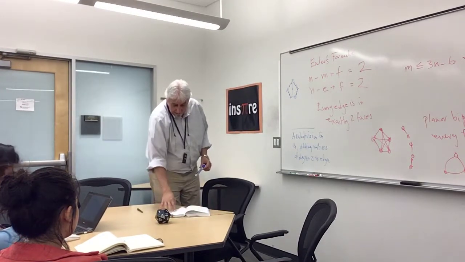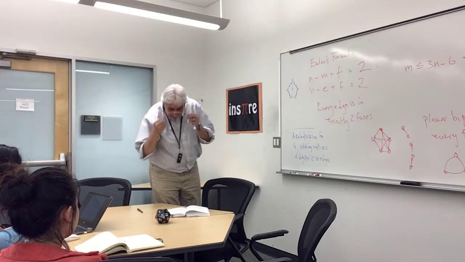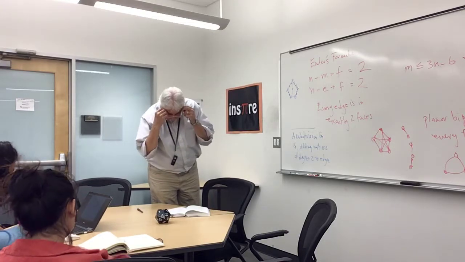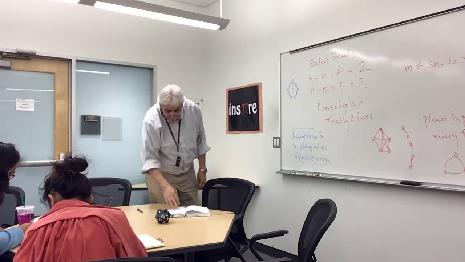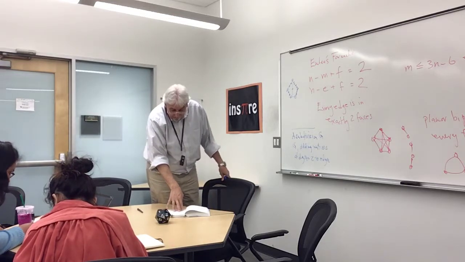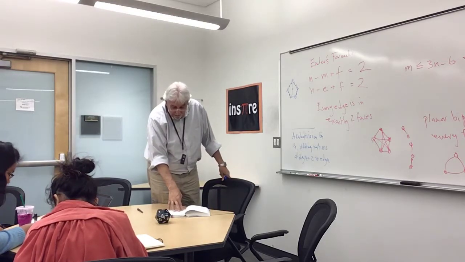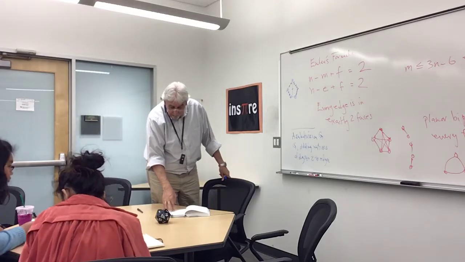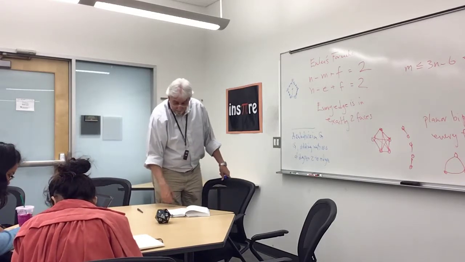Now looking at problem figure 8.7.7. Verify that graph A is a subdivided K5, and B is a subdivided K33.